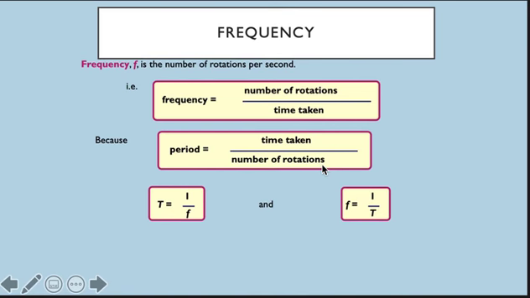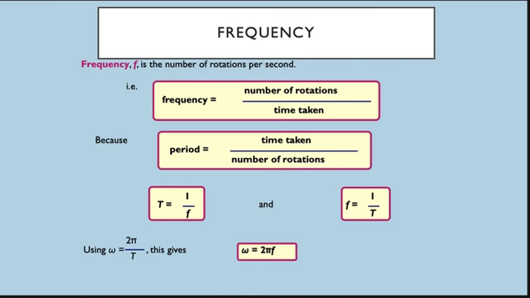Period is the time taken for a number of rotations, so T would be 1 over f, and likewise f equals 1 over T. And because we've said that omega is 2 pi over T, if T equals 1 over f, then we can say that omega equals 2 pi f as well. So omega is 2 pi over the time period T, but omega also equals 2 pi f. Another really important relationship.